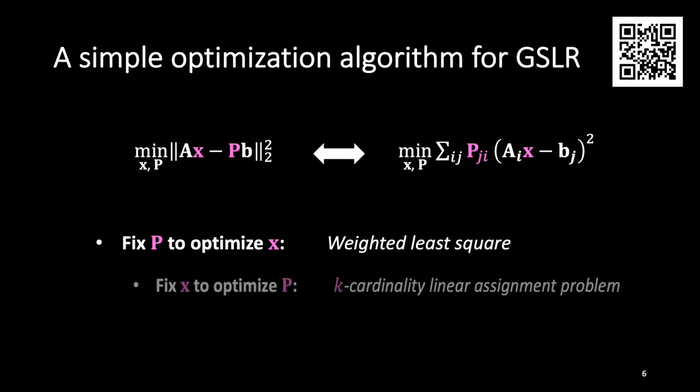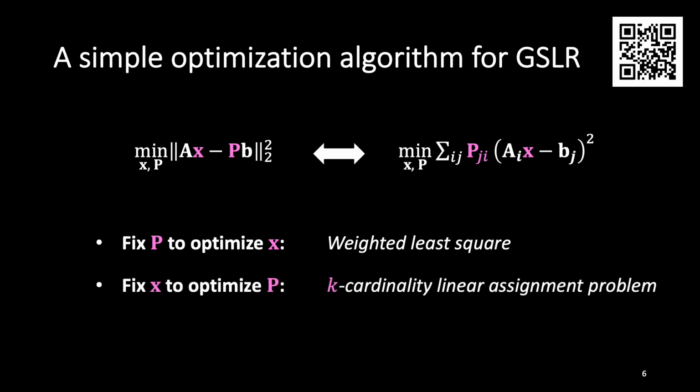Moreover, if we fix X to optimize P, this in fact leads to a k-cardinality linear assignment problem, which can be converted to an ordinary version in square time and then solved by the Hungarian algorithm globally in cubic time. And finally, by fixing both P and X, we can easily estimate the number of inliers k as an estimator and update it via robust estimation.